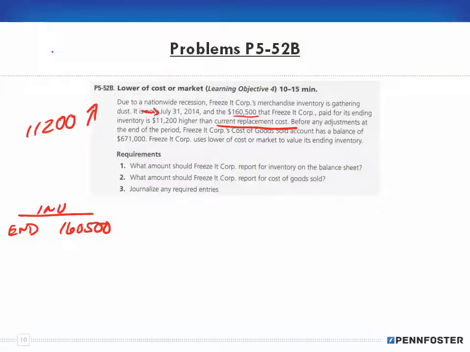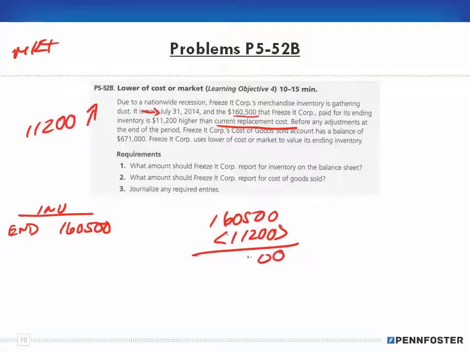All right, replacement cost is the market. So if their inventory is $160,500 and it's $11,200 higher than its replacement cost, so the current market value is $159,000.